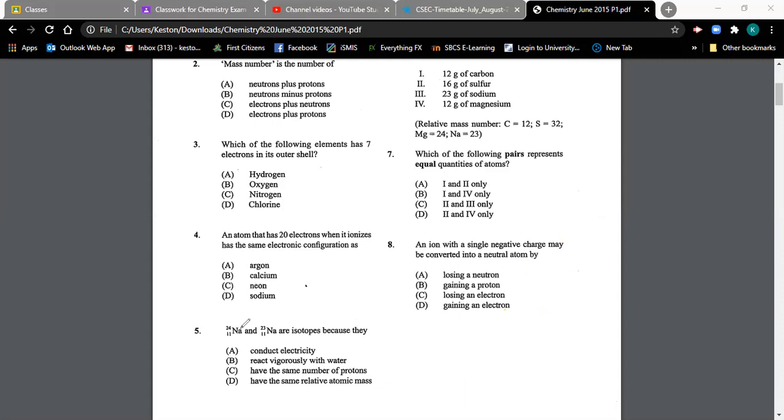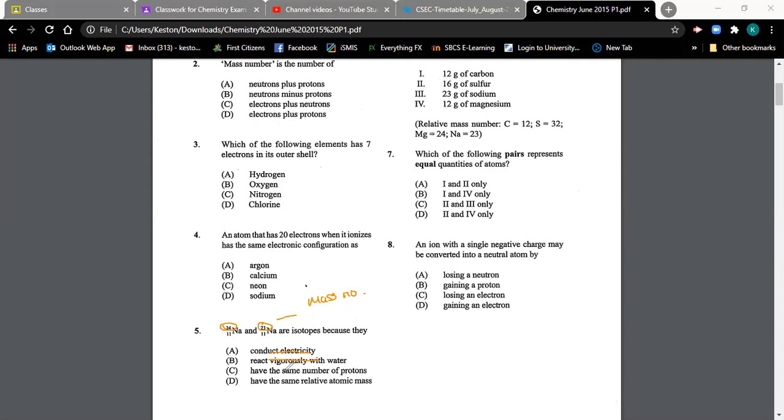5. We have Na24 and Na23. They're isotopes because, what are isotopes? Look at it, something is different. Mass numbers are different. None of these fitted: conduct electricity, react vigorously, have the same relative atomic mass.